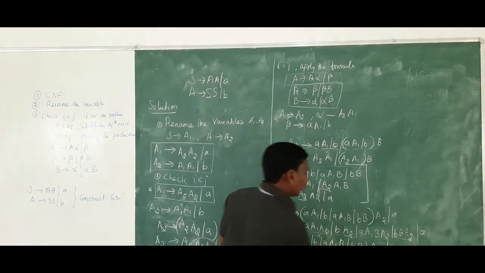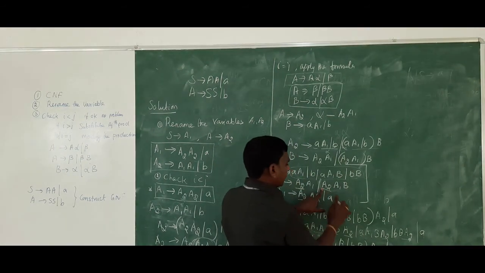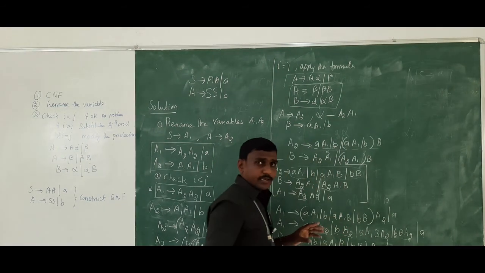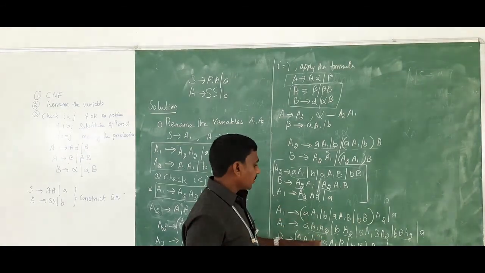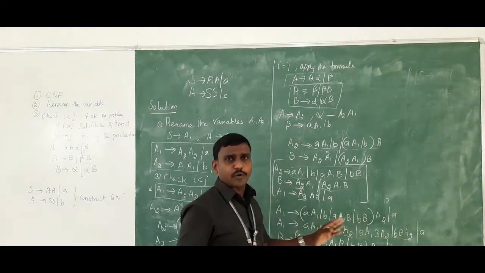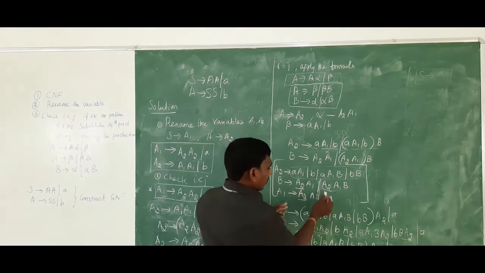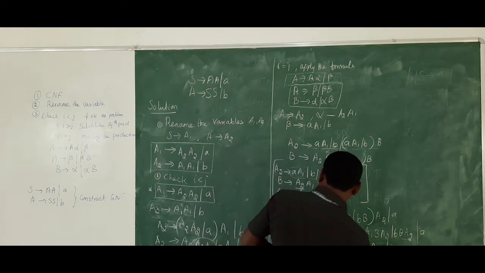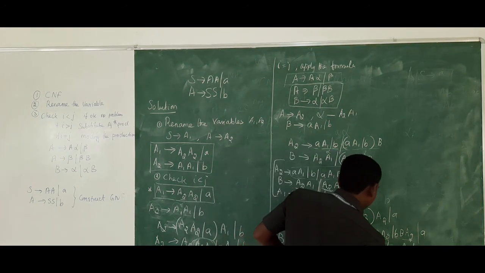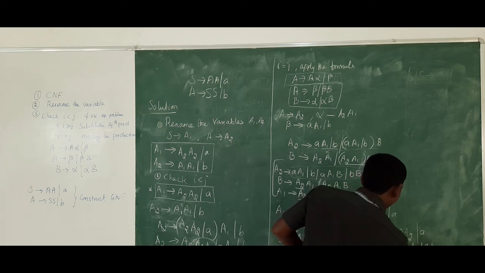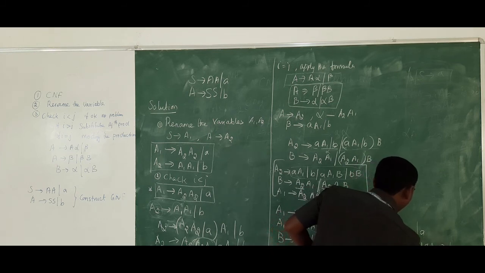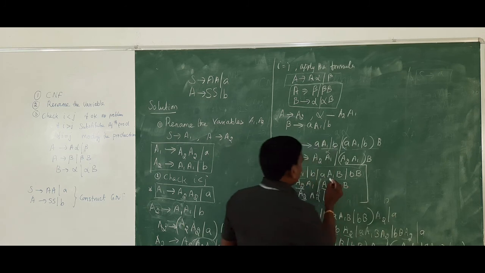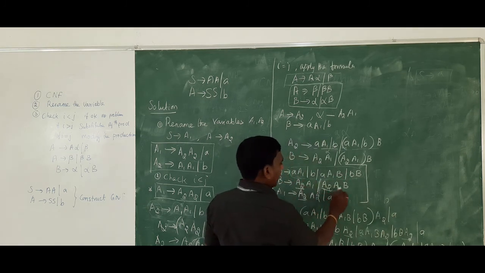Some students, what they will do is simply write the second production as A2 A1B. No, that is not an answer. In the final answer, every production should have terminal alpha. So in this A2 also again you can apply A1 slash B slash A1B slash BB into A1B.